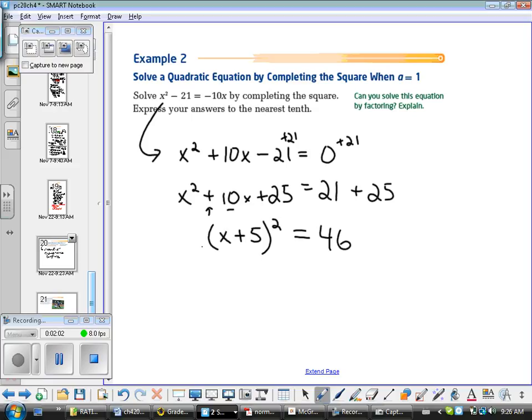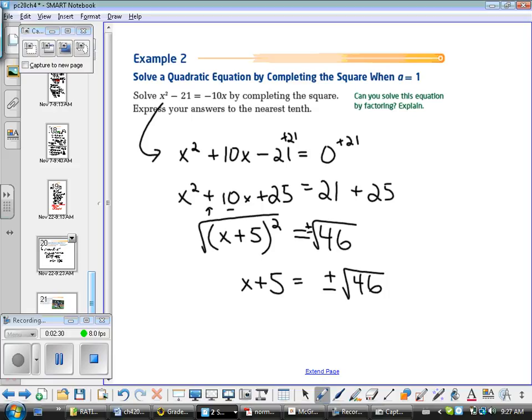Because when I take the square root of both sides, and I'll take plus or minus on the one side, okay? Yeah, 46 isn't a perfect square. Okay, so I just have to leave this as plus or minus root 46. Okay, if you want to know if you can simplify that, you can look at the perfect squares that are smaller than 46. Okay, 4 doesn't go in, 9 doesn't go in, 16 doesn't go into that. 25 doesn't go into that, and 36.